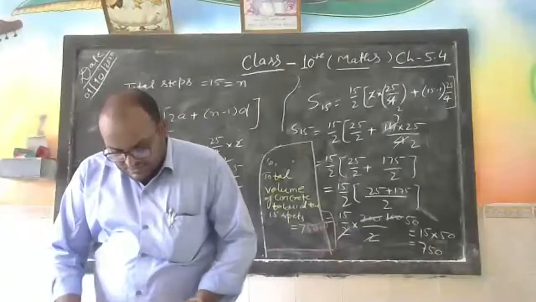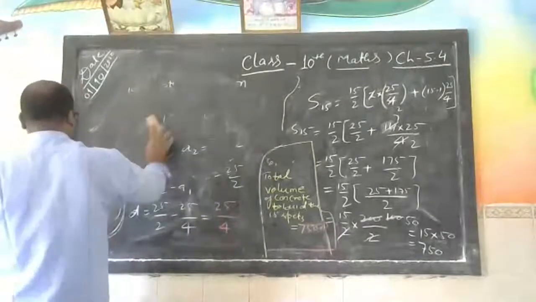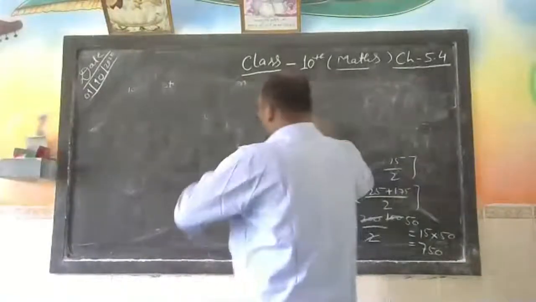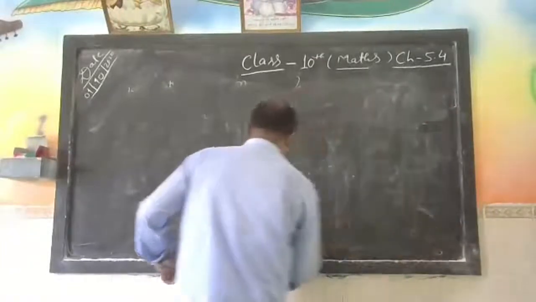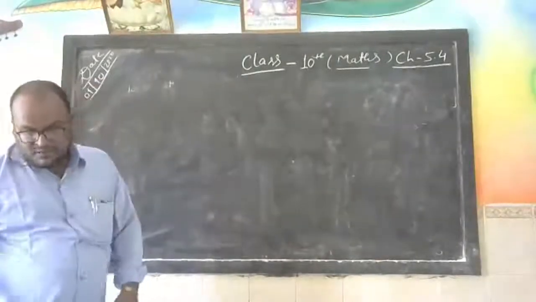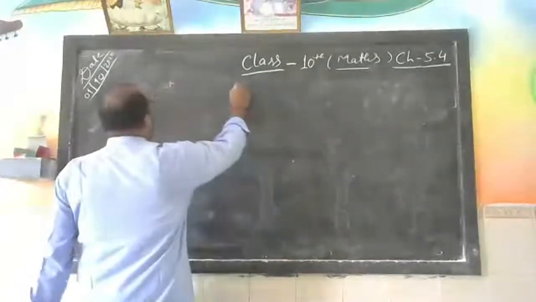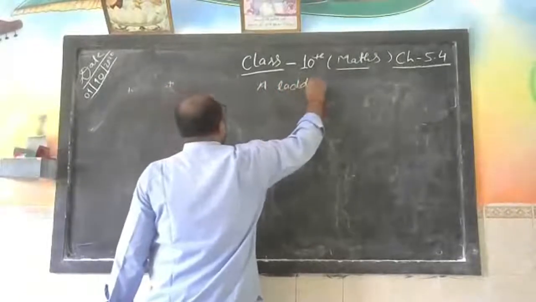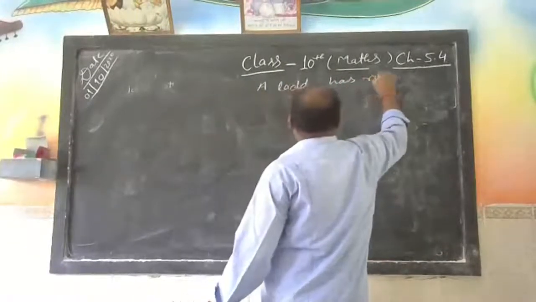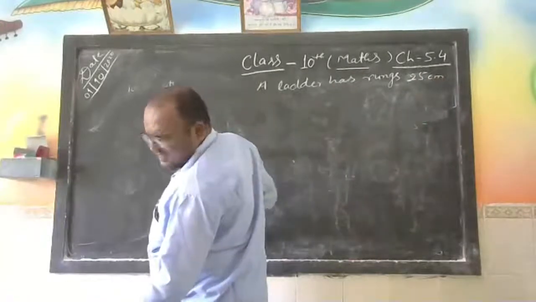Now, another question. Now let's see another question. A ladder has rungs 25 centimeter apart.